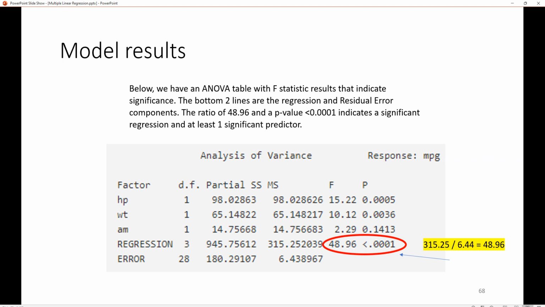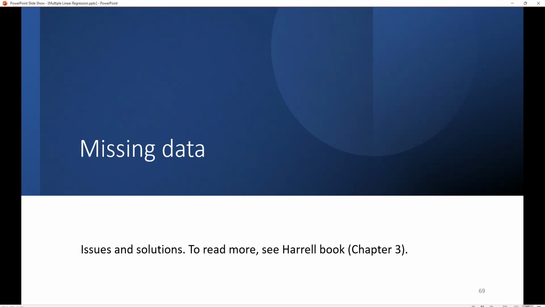But these are part of the analysis of variance table, and that ratio, that 48.96, is our F statistic for the model, and that gives us an idea that it is a significant model and at least one predictor is significant. So now we're going to go to missing data.